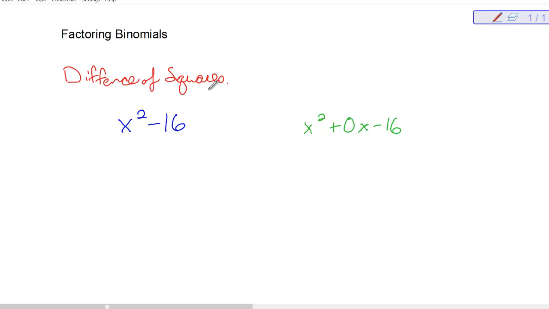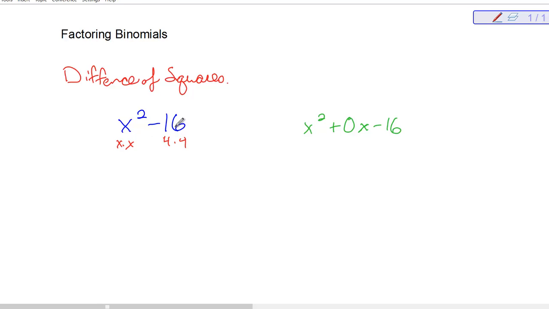So I can take the square root of that number, or it's the same number multiplied by itself. So if I think about 16, that is 4 times 4. And x squared is x times x. So notice I've got 2 x's and 2 4's.